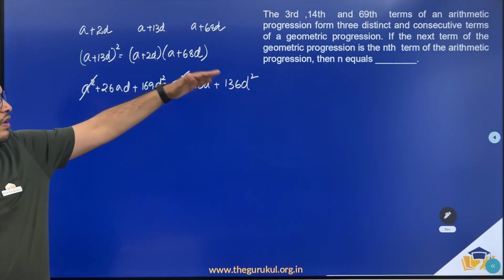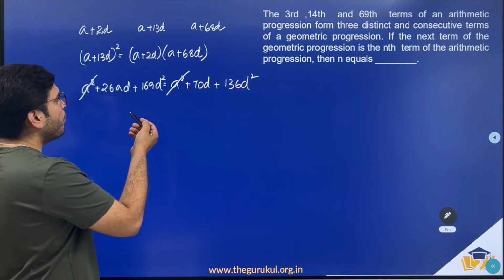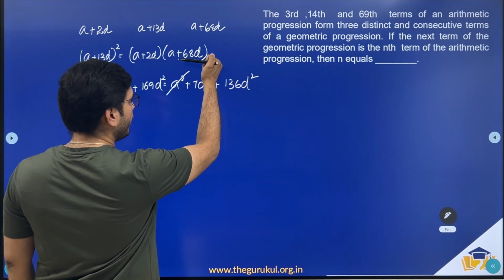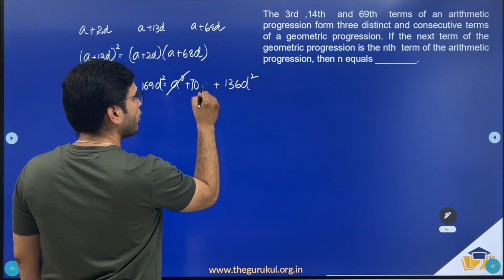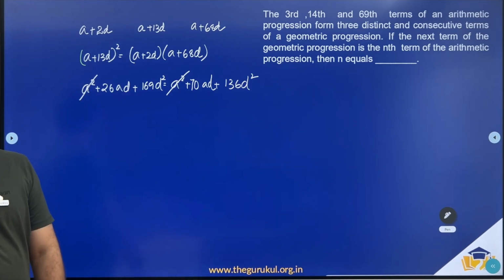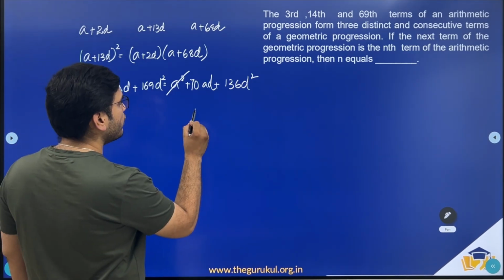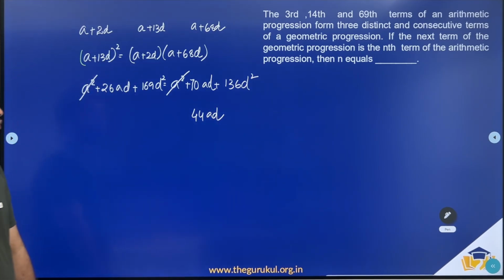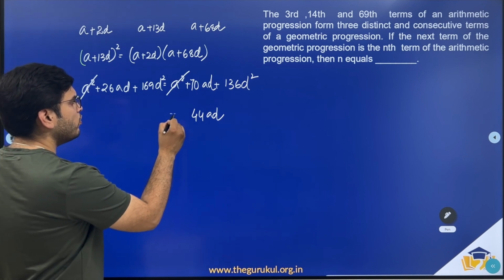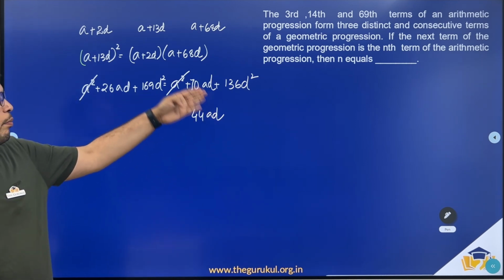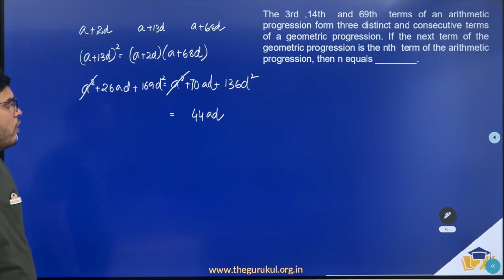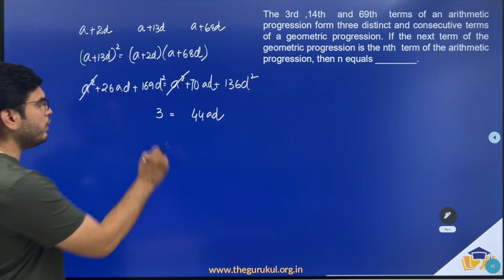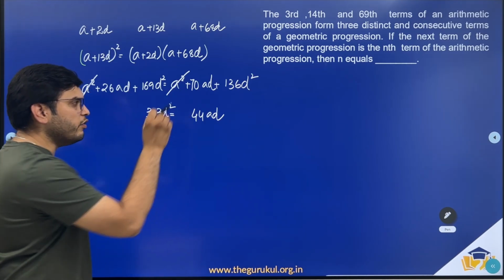Now shifting 26ad to the right hand side, 70ad, my bad. So 70ad minus 26ad, that should be 44ad, is equal to 169d square minus 136d square, which is 33d square, done.